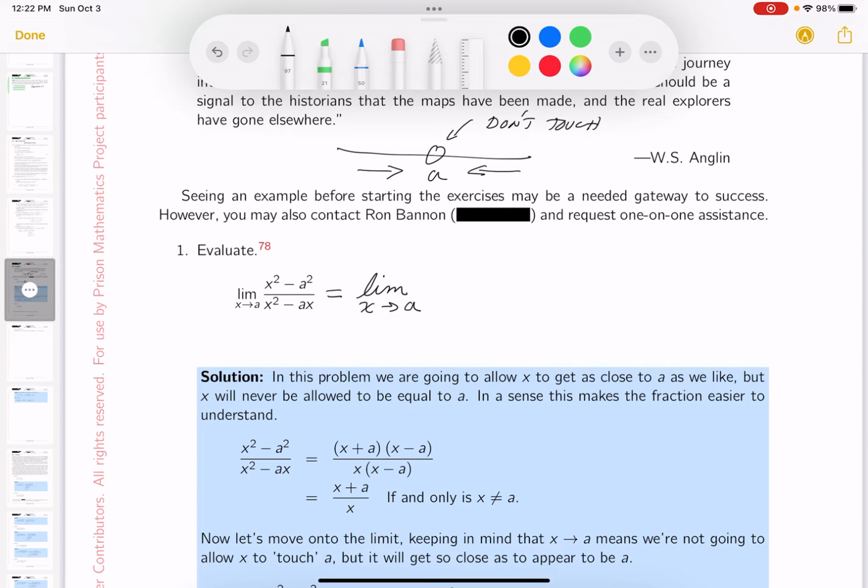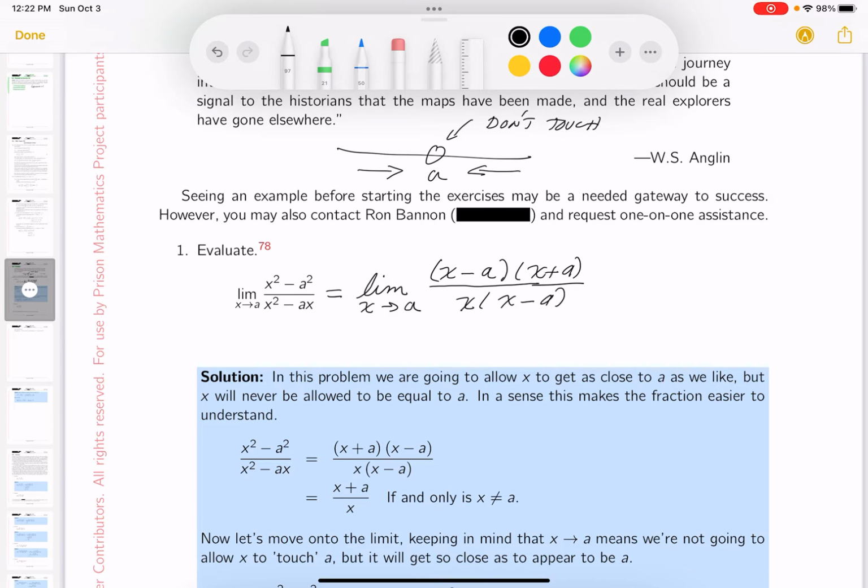All right, what I'm going to do is, I know where x is going, I just don't know where that function is going. So I'm going to factor it, and that's going to be x minus a, x plus a, that's the top. I'm going to factor the bottom. That's going to be x times x minus a.